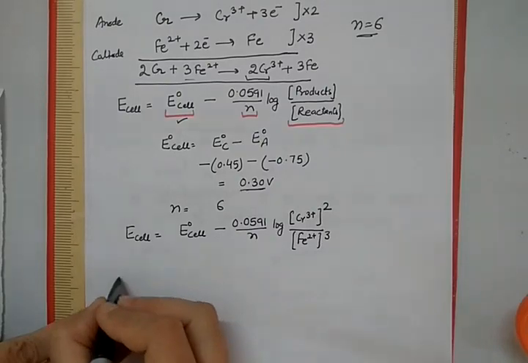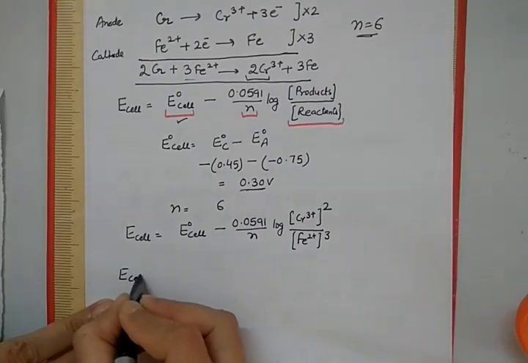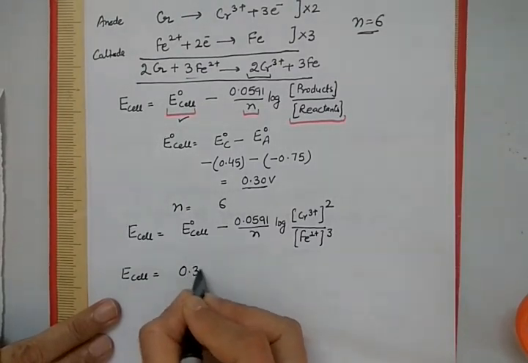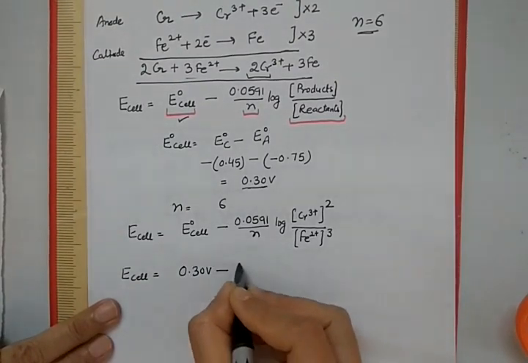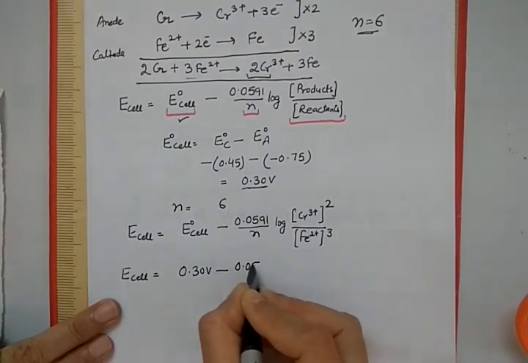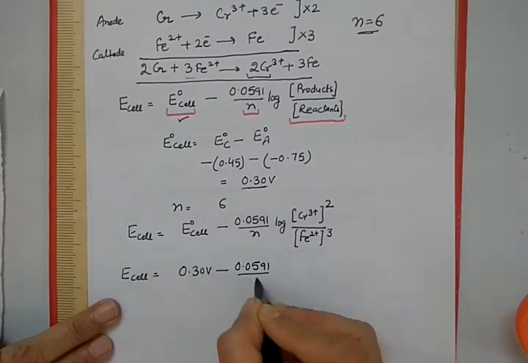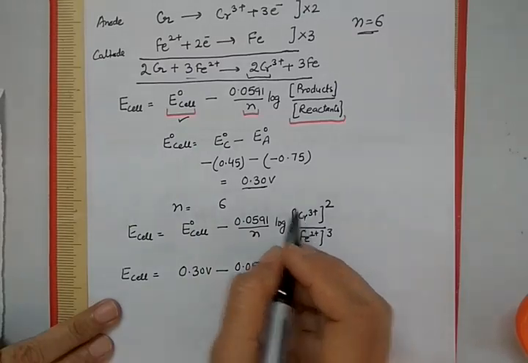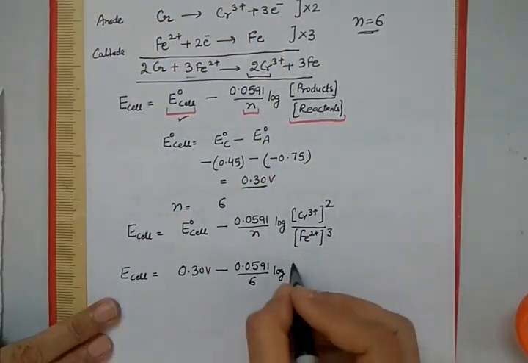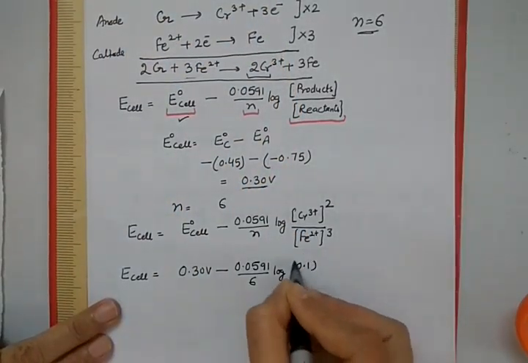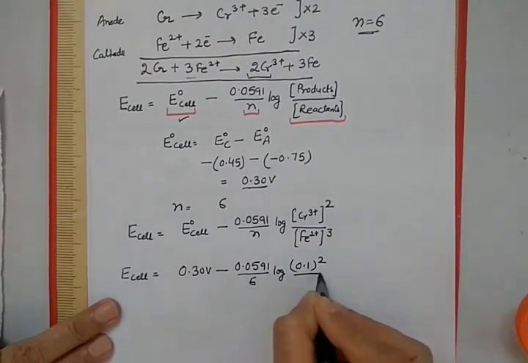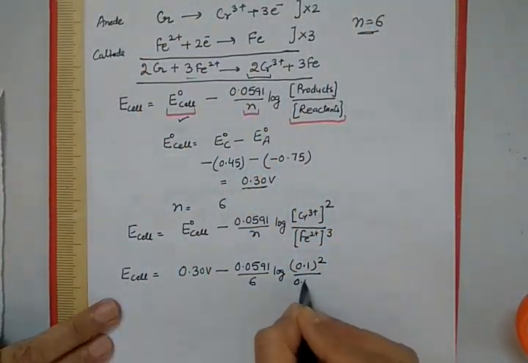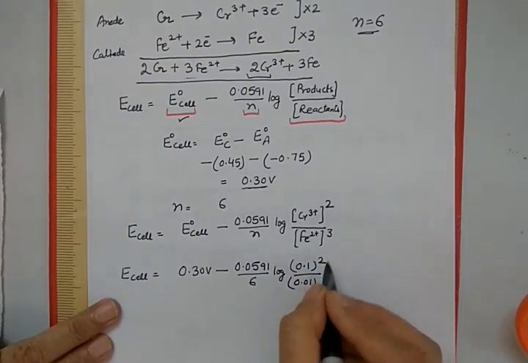So E of the cell, now we will substitute the values. E naught 0.30 volt minus 0.0591, n value is 6, log chromium ion concentration is 0.1, so it will be 0.1 squared divided by iron's 0.01, 0.01 raised to power 3.